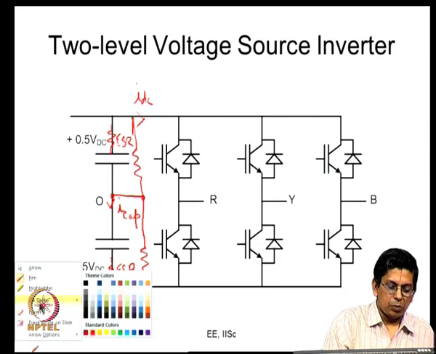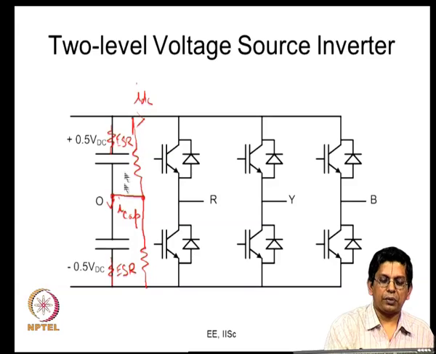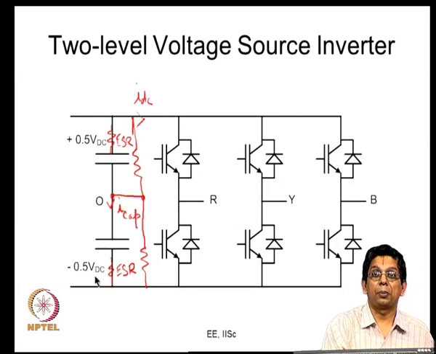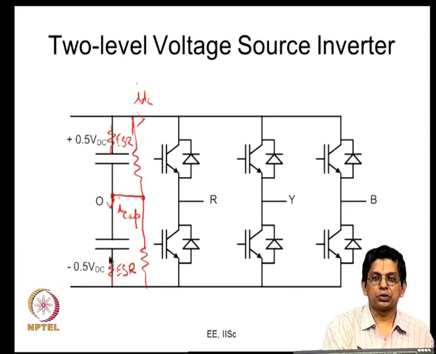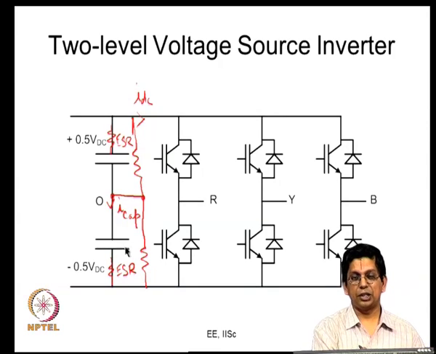There will be some amount of difference between these two capacitances. We say there is 0.5 VDC, this is also 0.5 VDC, but it may not be exactly so. If it is 600 volts, ideally it should be 300 and 300, but this could be 320, this could be 280. As long as the difference is small, it does not matter, but if it becomes larger, it is going to matter.